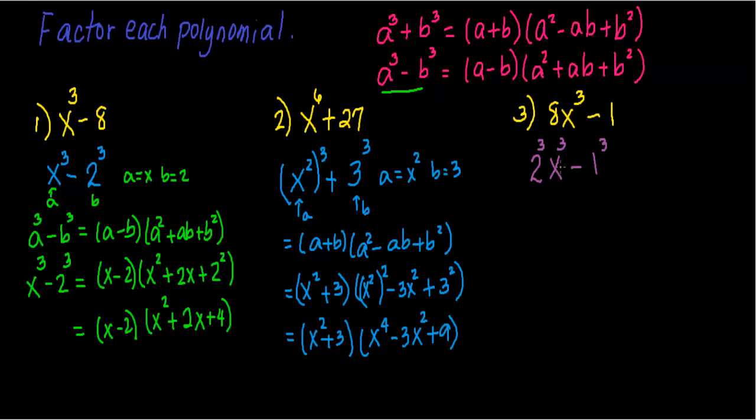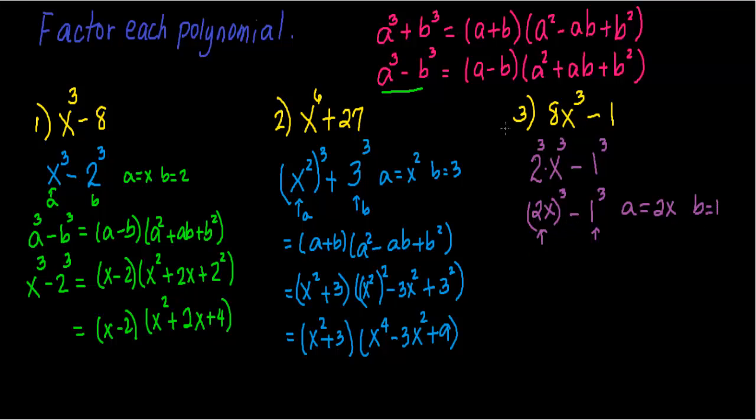Now notice 2 times x: I can rewrite this as 2x and raise everything to the 3rd power, because that will give me 2 to the 3rd power, x to the 3rd power, minus 1 to the 3rd power. So now everything is written as a cube. This will be A and this will be B. So A is equal to 2x, and B is equal to 1.